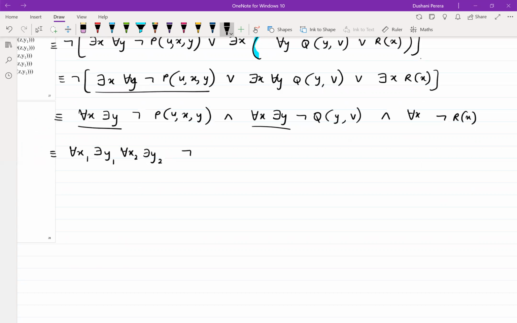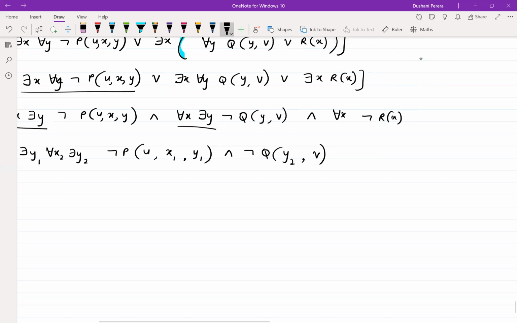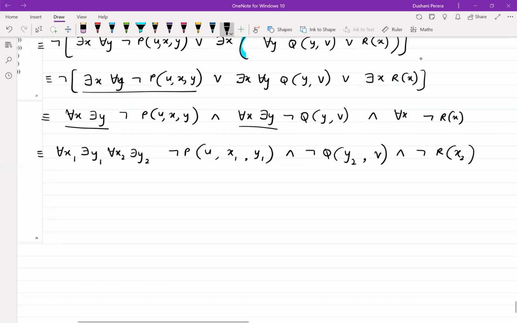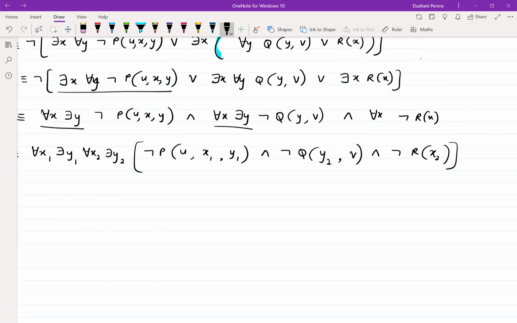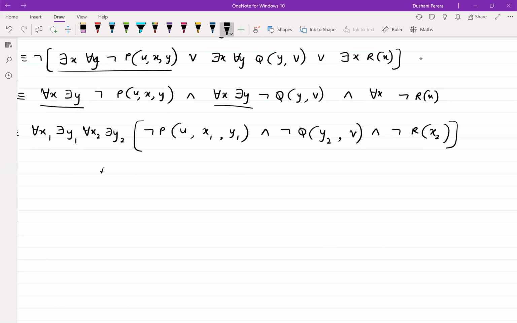Now name them properly. So let's write P(x1,y1), negation Q(y2), or negation R(x2). So this is your final clause in the prenex normal form.